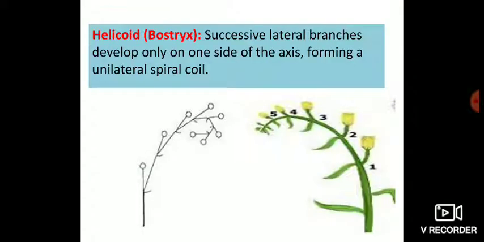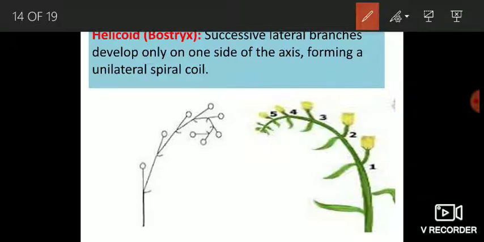Now the second type is helicoid or bostryx type. In this type of monochasial cyme, the successive lateral branches develop only on one side of the axis, and this forms a unilateral spiral, coil-like structure. Here you can see this is the apex of the inflorescence. It gets terminated and forms a flower. Below this flower a lateral branch arises in this direction, it gets terminated into a flower, and then one more branch arises in this direction.